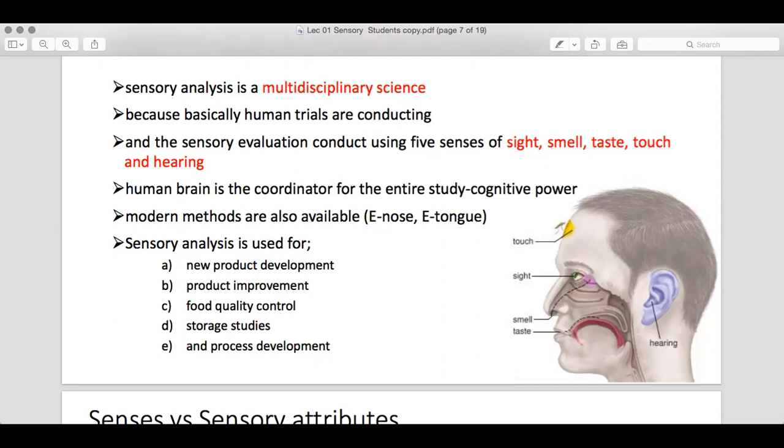When we conduct sensory evaluation, we are using human panels, right? When we use humans, their perceptions, their capacity, and all the factors are different.